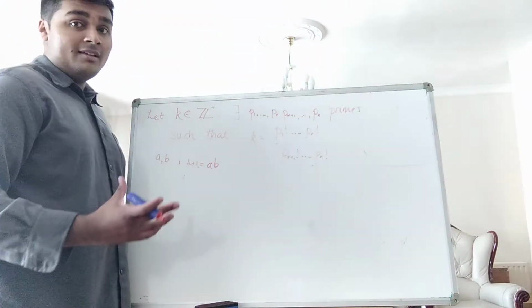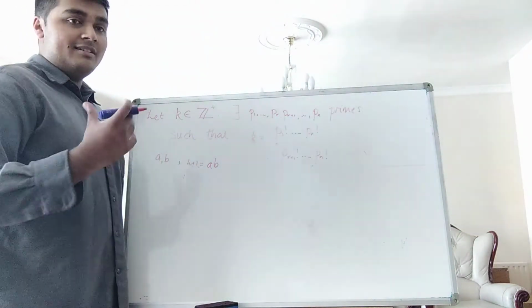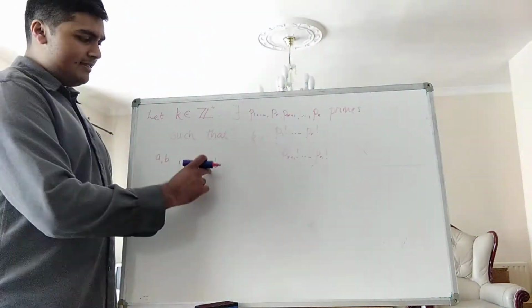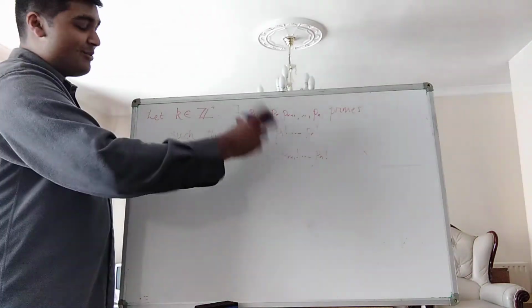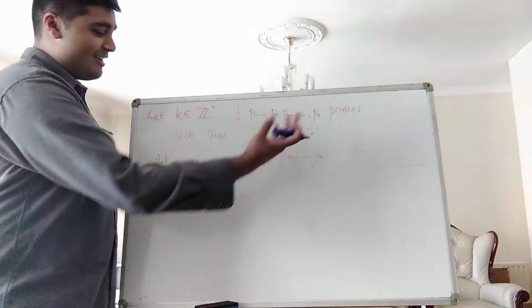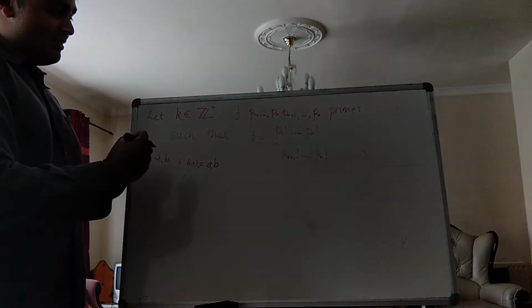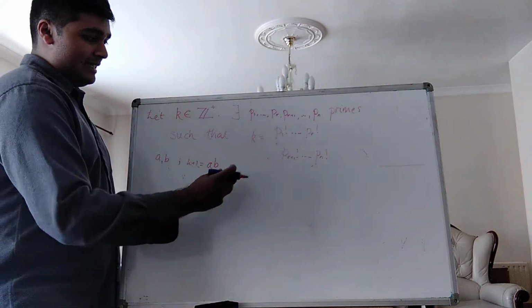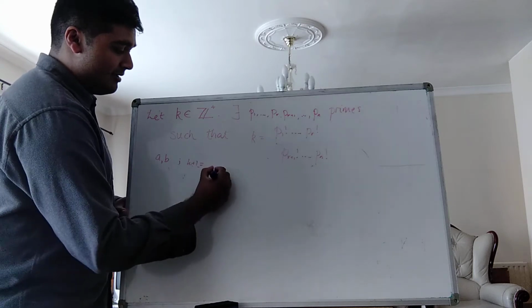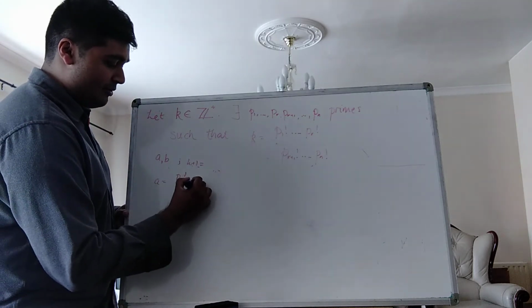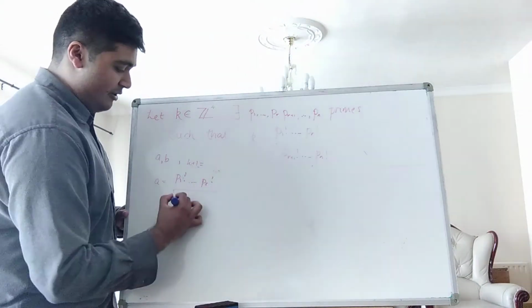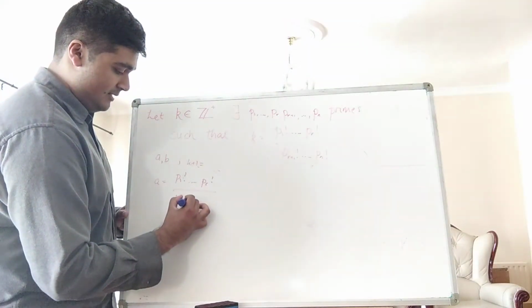We know that a and b, by our strong induction assumption, can be written as a quotient of prime factorials, this weird desired form, and then just joining the two together, we get k plus 1. So if, for example, a equals p1 factorial to pr factorial all over pr plus 1 factorial.